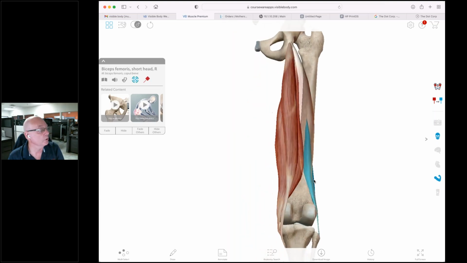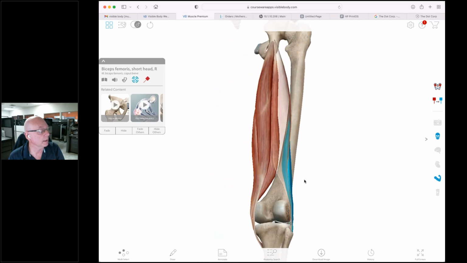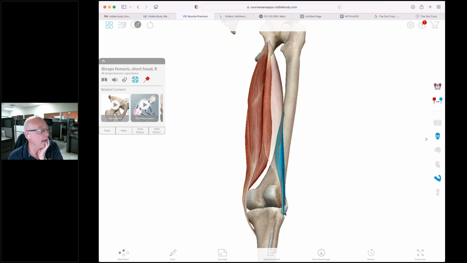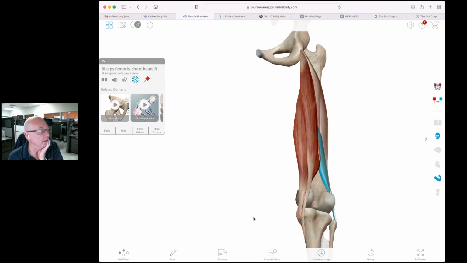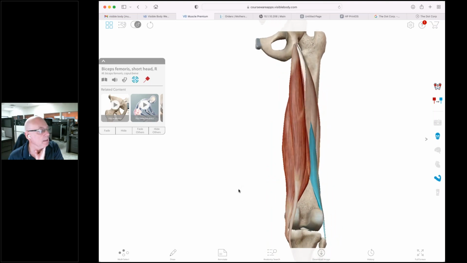And that shows you both of the biceps femoris, okay? And you can see where this would laterally rotate, whereas the semitendinosus would medially rotate, okay? Kind of cool.